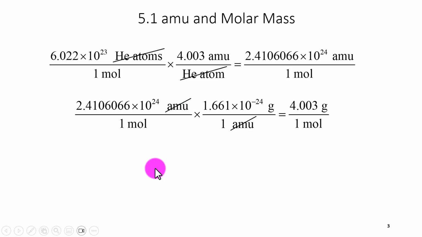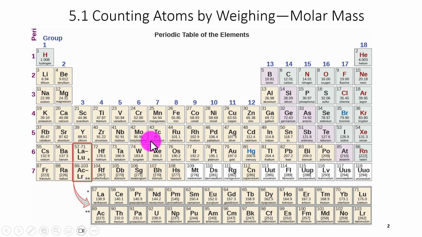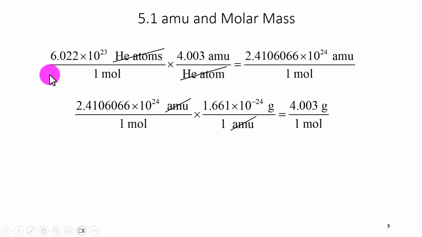Okay, so I know if I'm looking at helium here, 1 mole of helium atoms weighs 4.003 grams. 1 helium atom alone weighs 4.003 AMUs. I also know that 1 mole of helium atoms contains 6.022 times 10 to the 23rd helium atoms, Avogadro's number.